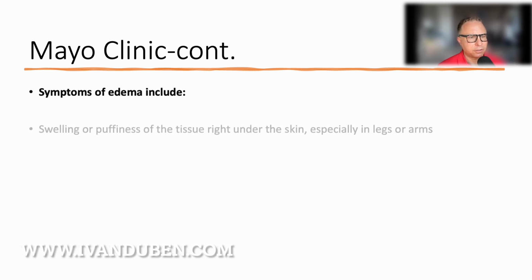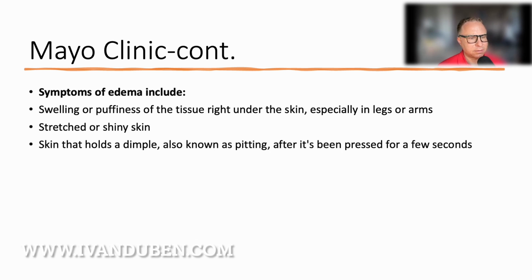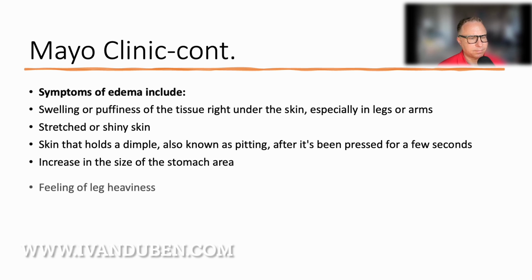Symptoms of edema include swelling or puffiness of the tissues right under the skin, especially in the legs or arms, stretched or shiny skin, skin that holds a dimple, also known as pitting, after it has been pressed for a few seconds, increase in the size of the stomach area, such as bloating, and feeling of leg heaviness.